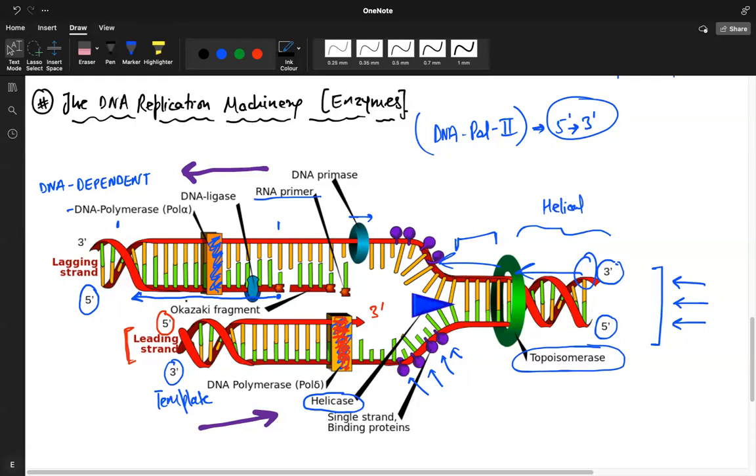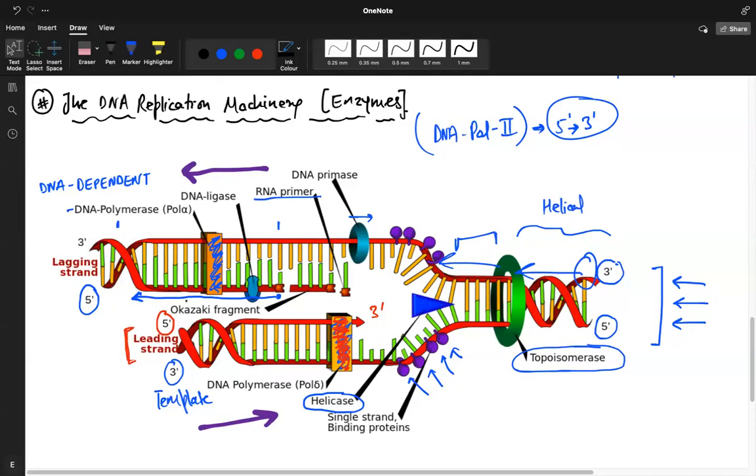The DNA-dependent DNA polymerase catalyzes the polymerization reaction only in one direction.